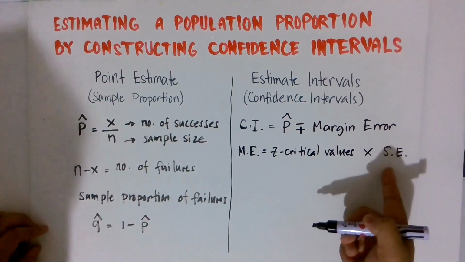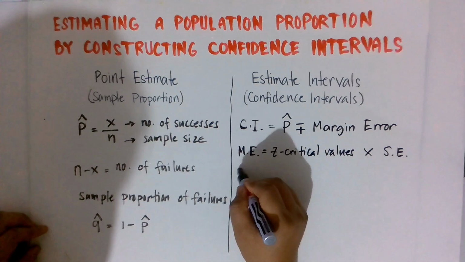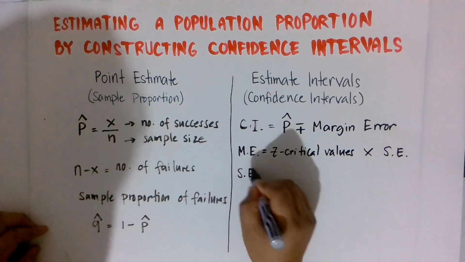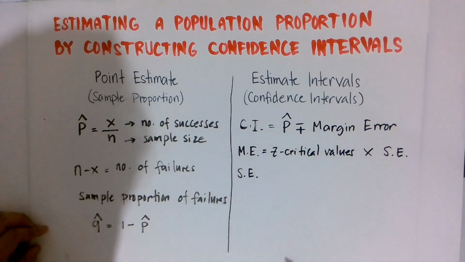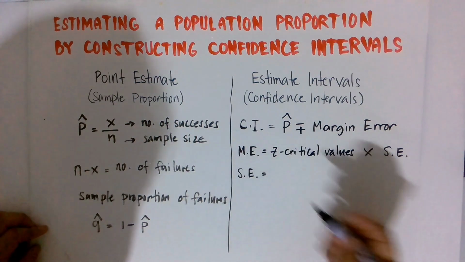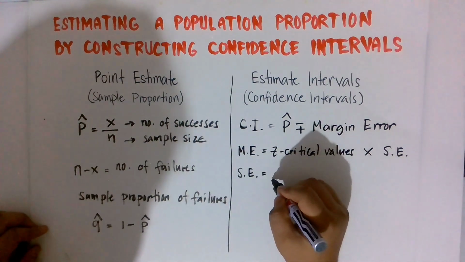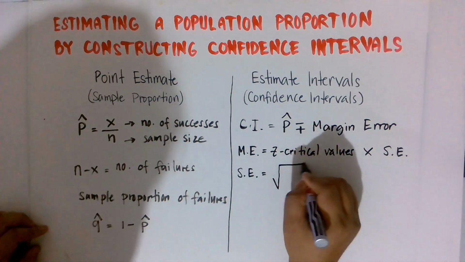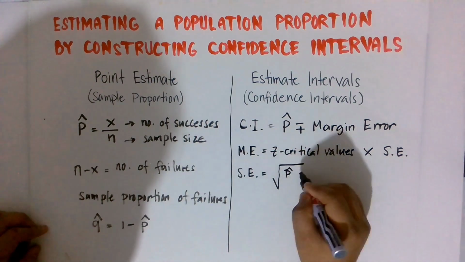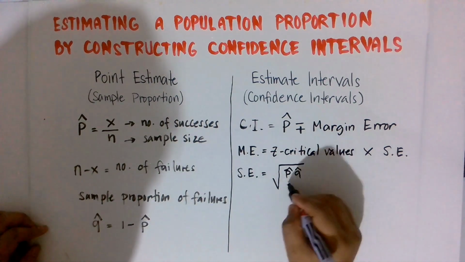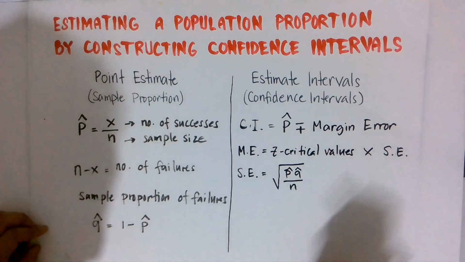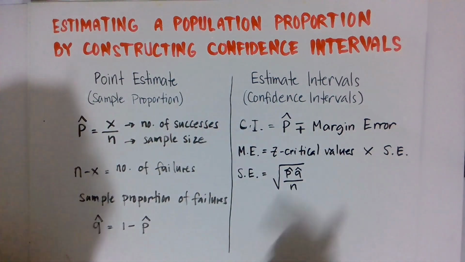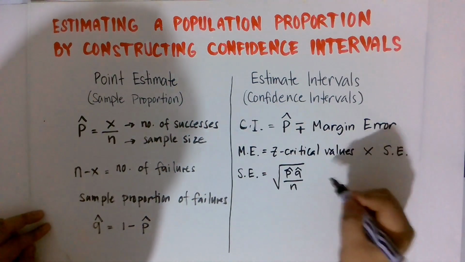Okay, what is standard error? Standard error is the estimated standard deviation of parameter P, and it is the square root of P hat times Q hat all over N, or the sample size. So, ayun yung formula ng standard error.